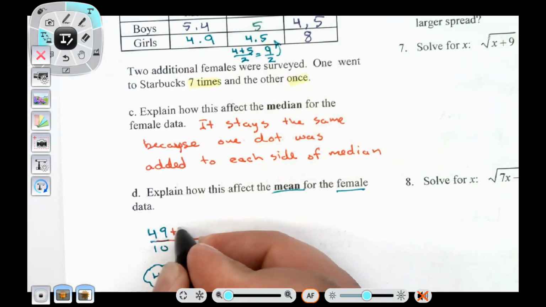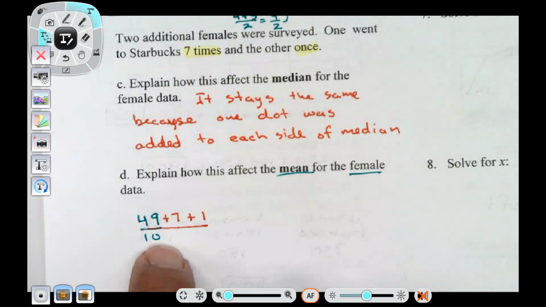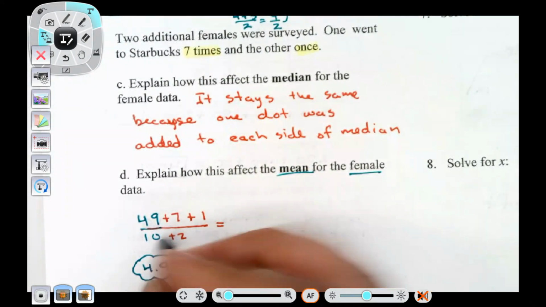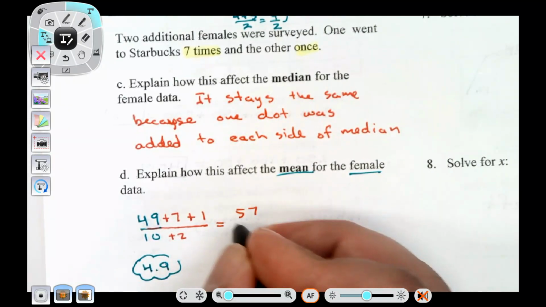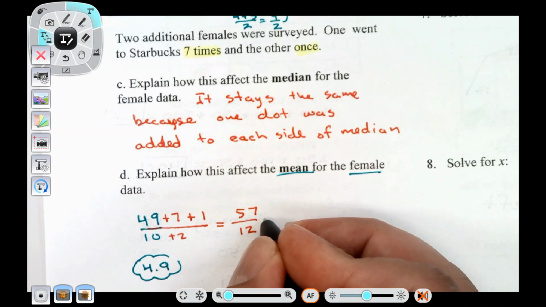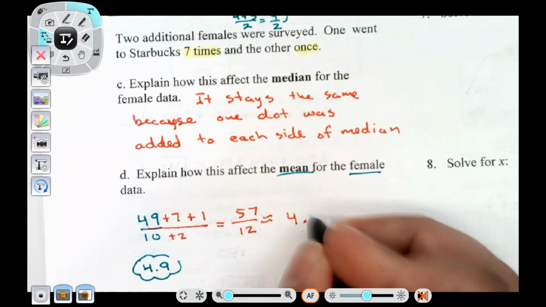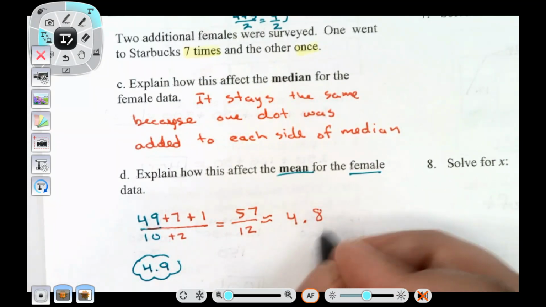We're adding a 7. We're adding a 1. But yes, that means there's more than 10 people now. Now, instead of just having 10, there's 2 more numbers up on top. So 49 plus 7 plus 1 is 57. I'm going to divide that by 12. And the calculator says 4.75. So 4.8 basically is the new mean.